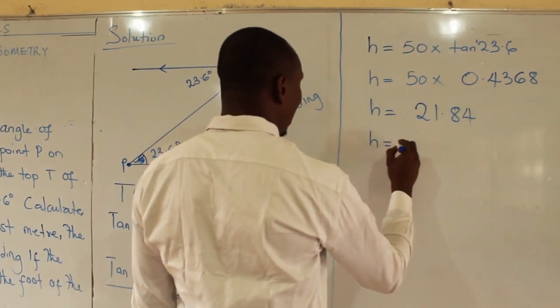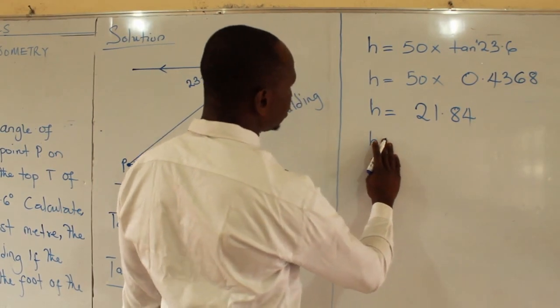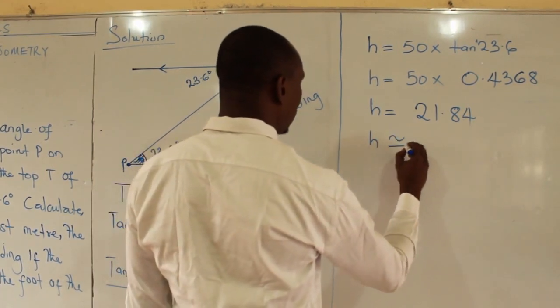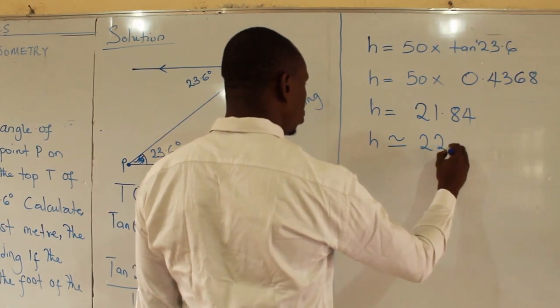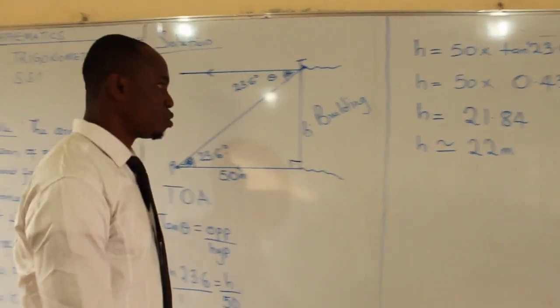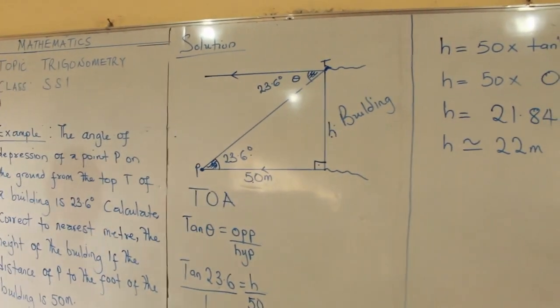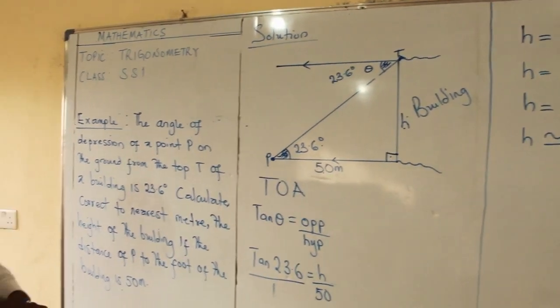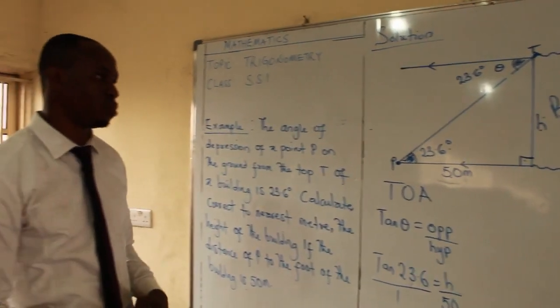It means that the height of this building is approximately 22 meters, because we were told to find, correct to the nearest meters, the height of the building.